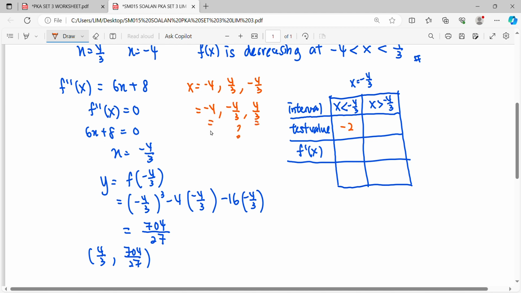This one is the maybe inflection point. So when you want a test value more than -4/3, don't exceed 4/3. Can 0 be used? Yes, 0 can.